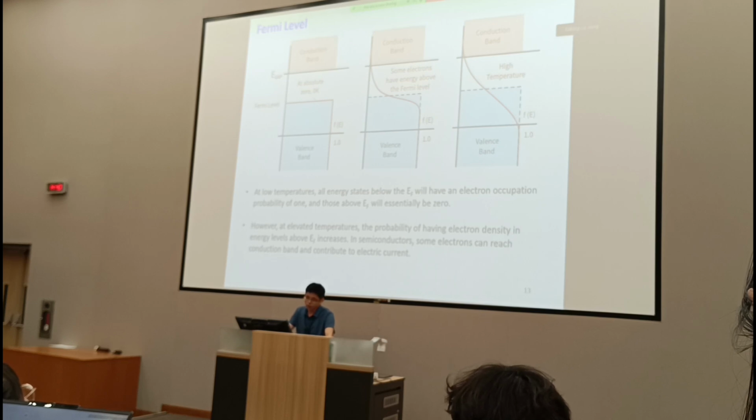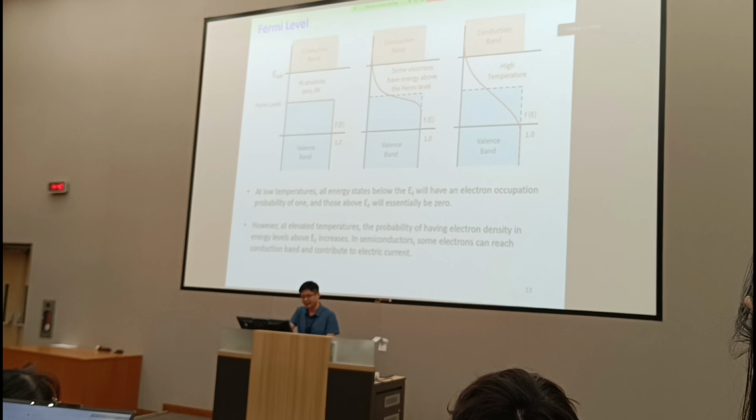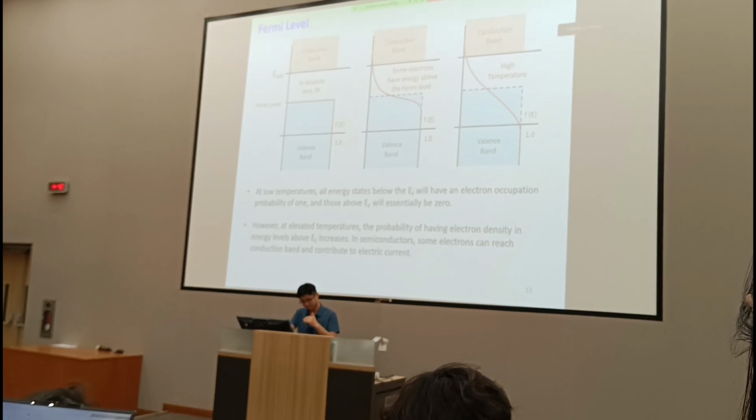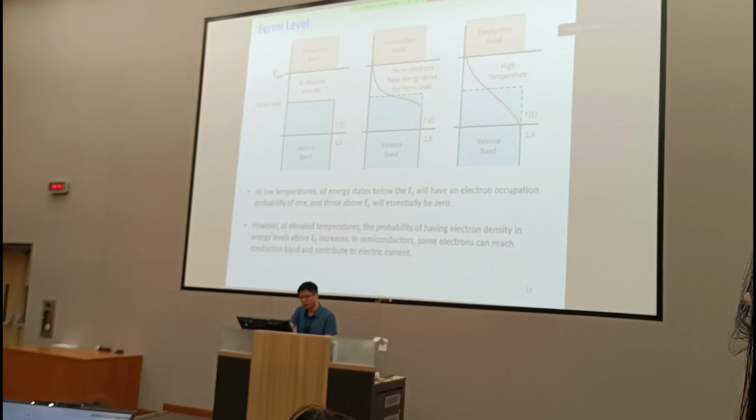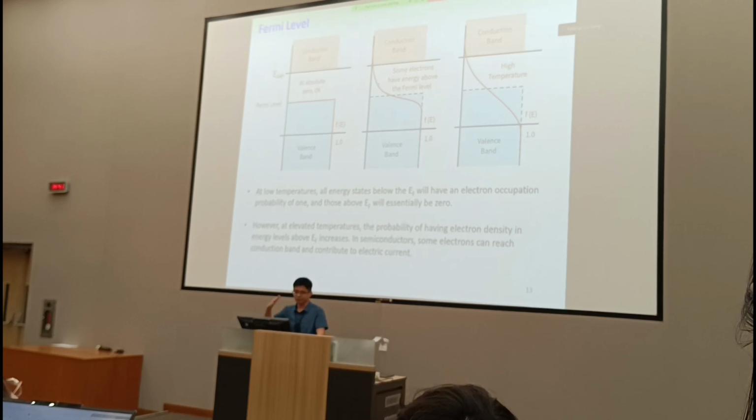When your temperature reaches absolute zero, you find that it's a steep step. The Fermi level lies in the middle between the conduction band bottom and the valence band top. When you gradually raise the temperature, you see that this distribution gets flatter and flatter, and eventually you create non-zero probability above the conduction band.